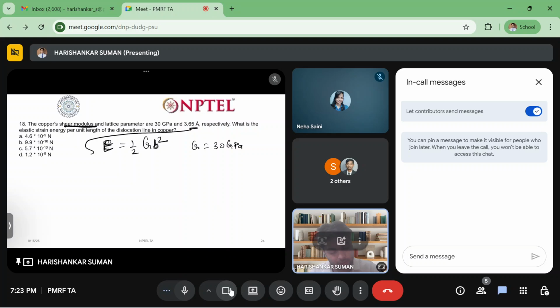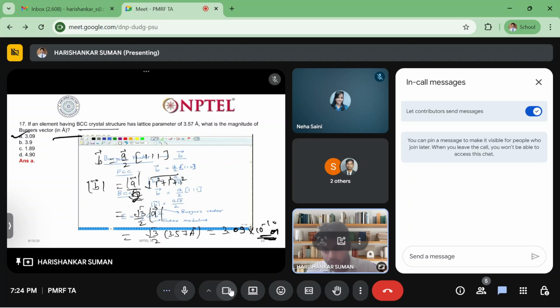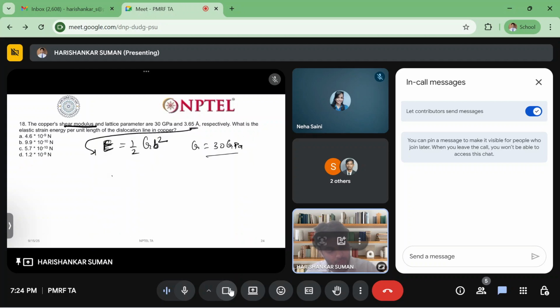Copper has an FCC structure, so B is a by root 2, the whole square. Please use this formula. We have A and G. Please calculate this number, putting in the numbers.